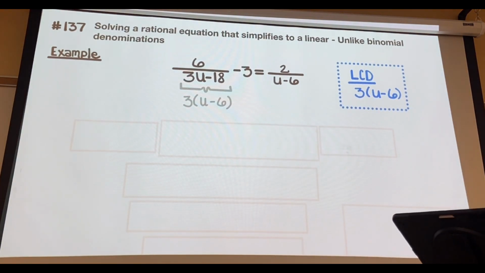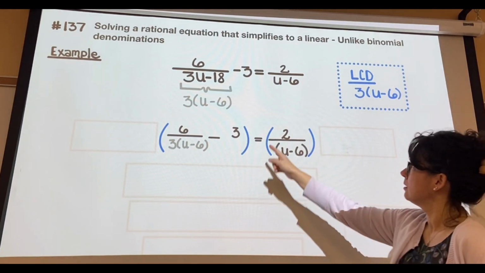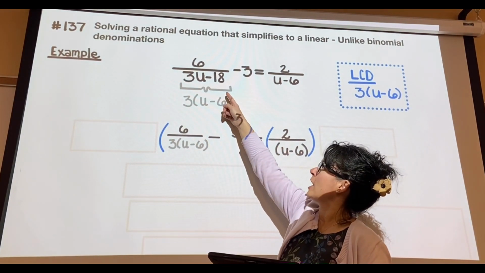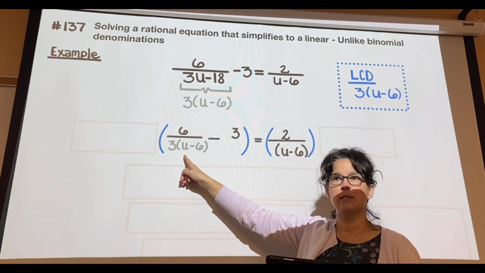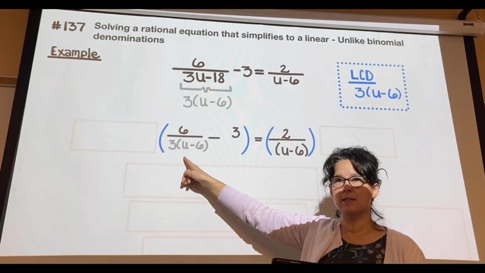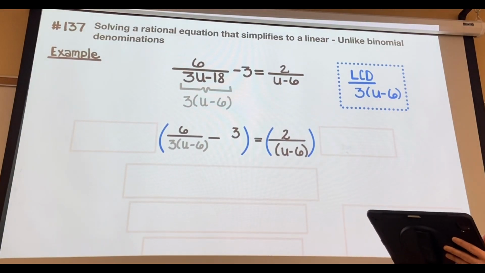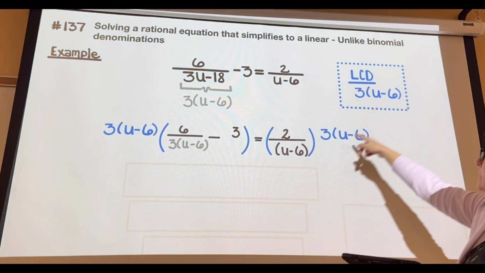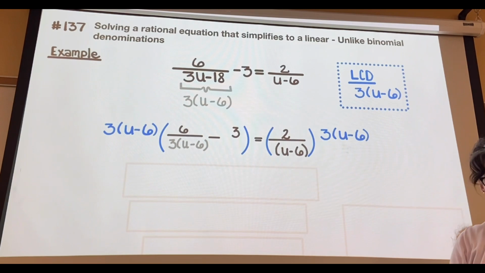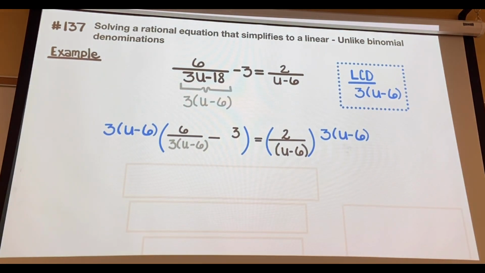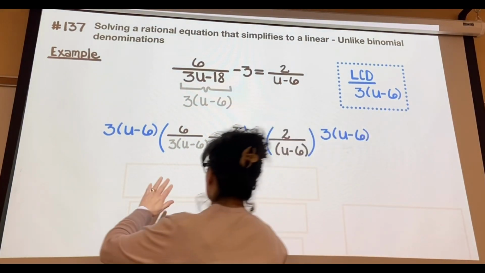Okay, so here we have the original, but notice I just changed the 3u minus 18 to 3 times u minus 6 to emphasize what it's made out of. And then I have my u minus 6. So I'm going to multiply both sides by the 3 times u minus 6. Now watch this part very carefully because we're not going to show a lot of work.